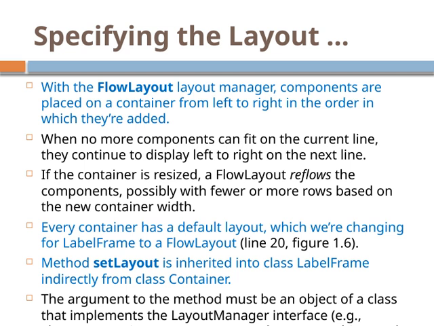So, on line 20, we create a new flow layout object and pass its reference as the argument to set layout. This way, we specify that the label frame should use the flow layout manager for arranging its components. Understanding this process is key because it shows how flexible and customizable our GUI design can be, especially when adapting to different display requirements.